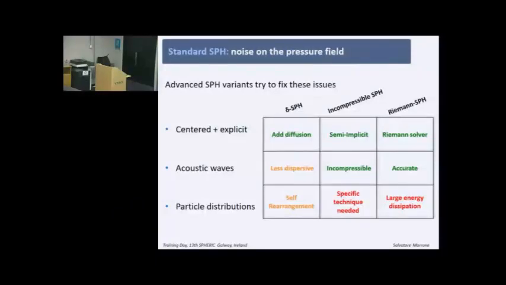And for the Riemann SPH, we also need something to deal with it, because when the particles are too disordered, the Riemann SPH introduces a lot of energy dissipation. This is too dissipative. So this is not the whole framework of comparison of these three different variants. There are many other aspects to consider, but it's interesting to see that the three variants try to address these different elements of the numerical noise in the SPH.